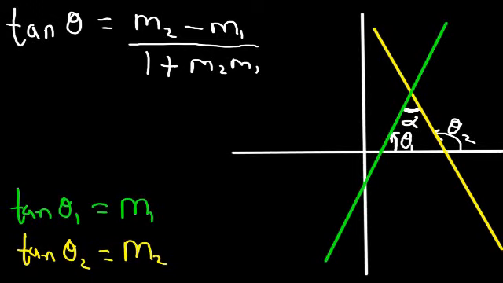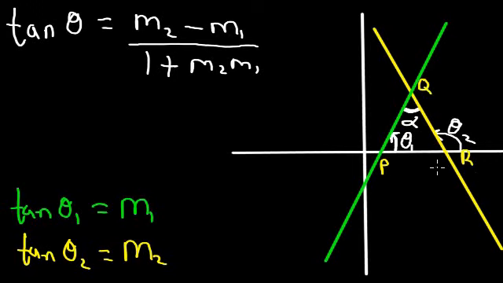Now, is there any relationship between alpha, theta 1 and theta 2? What would you say? You notice that theta 2 is serving as the exterior angle of this triangle, as you can clearly see that the intersection of the two lines, the green one and the yellow one, and the horizontal x-axis has formed a triangle, which is PQR.